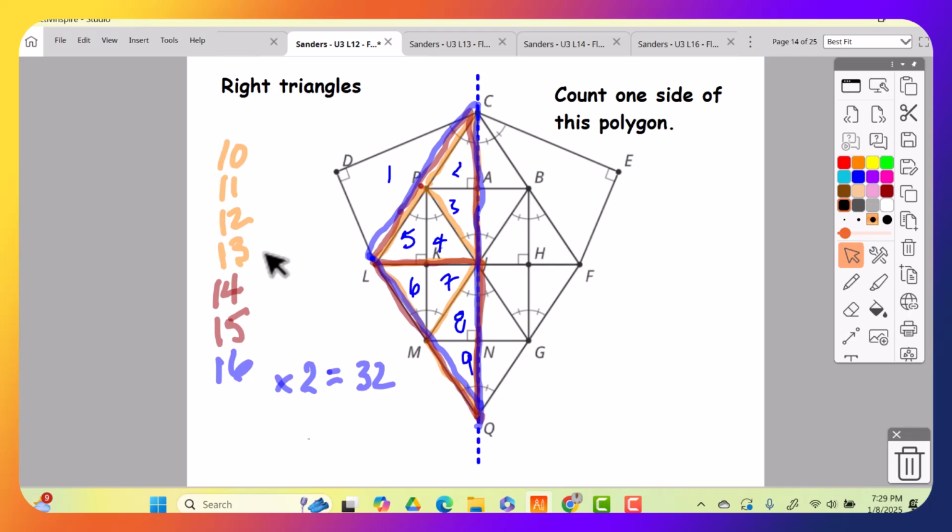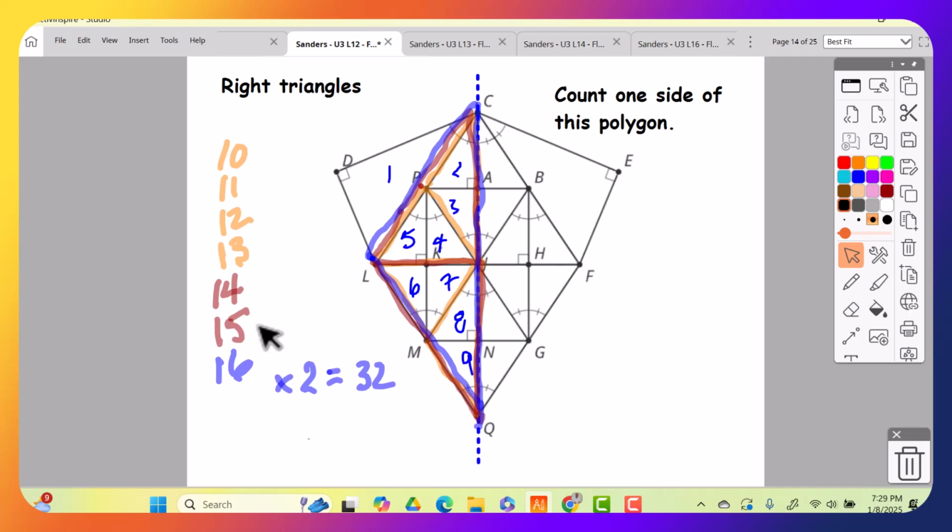Then I looked again, and I saw here a right triangle that goes across. It incorporates the smaller triangles 2, 3, 4, and 5. So it's right there. And then there's another one down here, incorporating 6, 7, 8, and 9. And that's my 14 and 15.